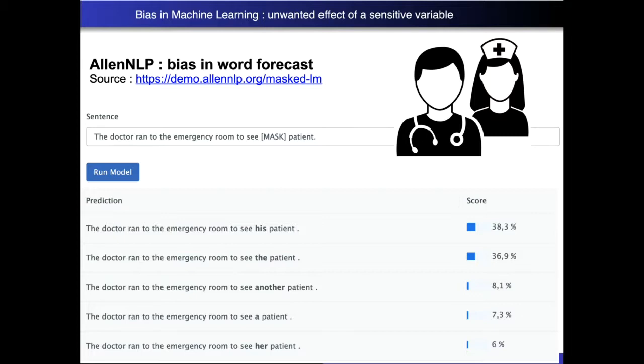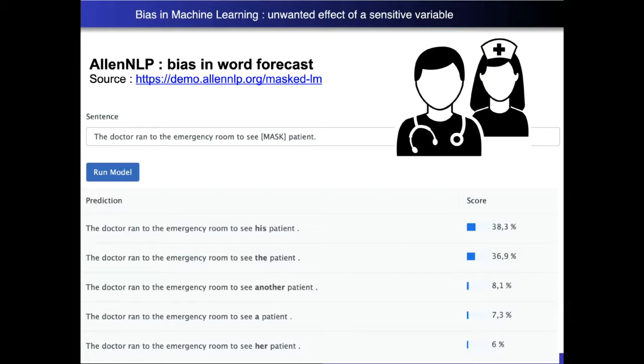That means you hide the right word, and you use a machine learning model to forecast what the pronoun should be. And you see that the machine at 38% is predicting that the correct pronoun should be "is". At 36.9% it should be "the", and only at 6% it should be "a".